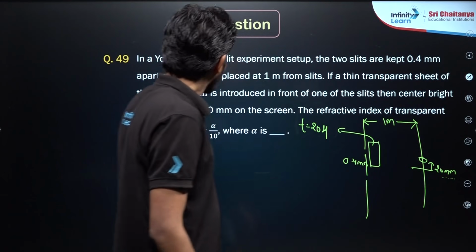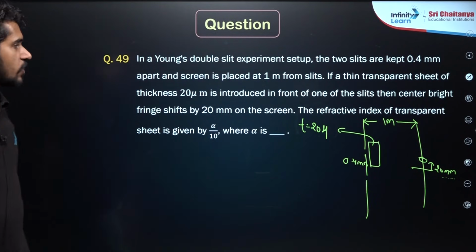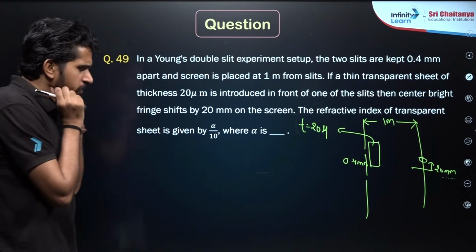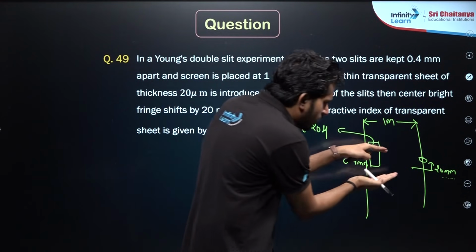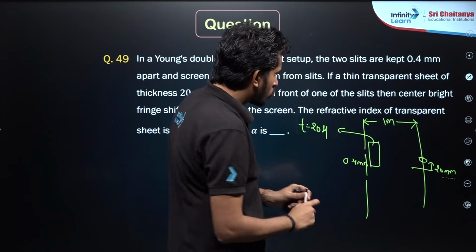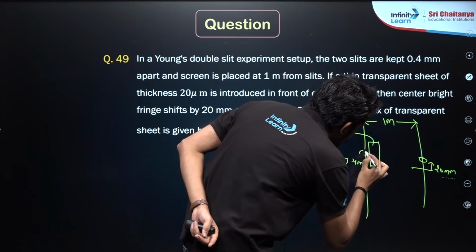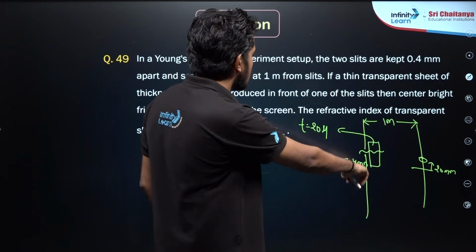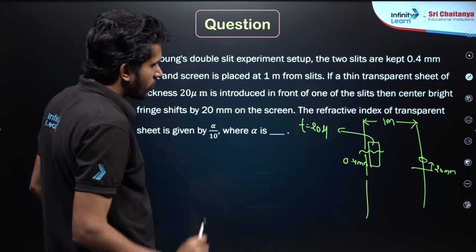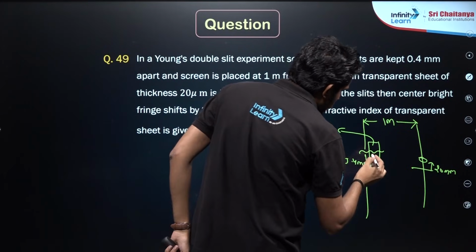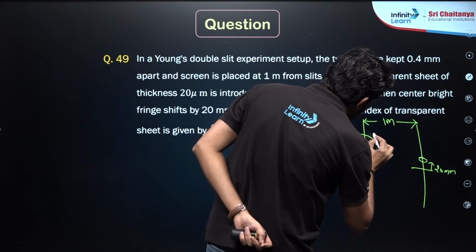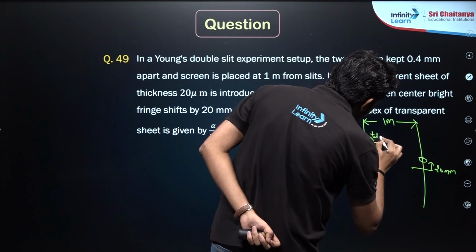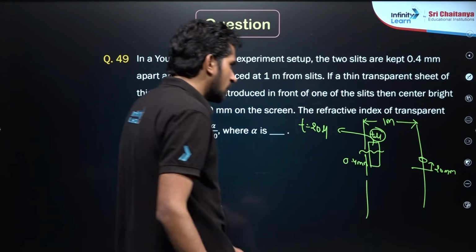Okay, the refractive index. So what is happening, basically we are finding path difference. Whatever ray will pass through this thickness T sheet, that will travel mu T more, yes or no?